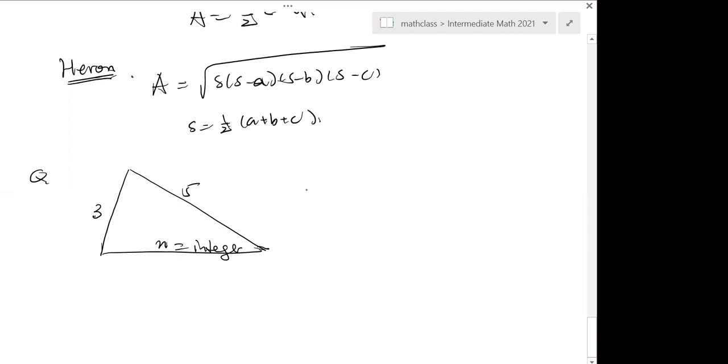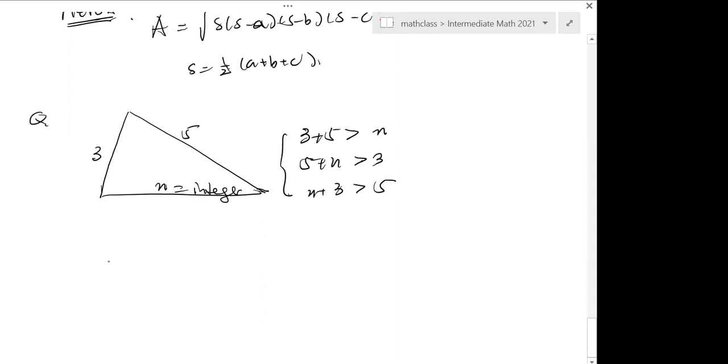By the triangle inequality, 3 plus 5 should be greater than n, 5 plus n should be greater than 3, and n plus 3 should be greater than 5. Let's simplify each of them. Here, 8 is greater than n.